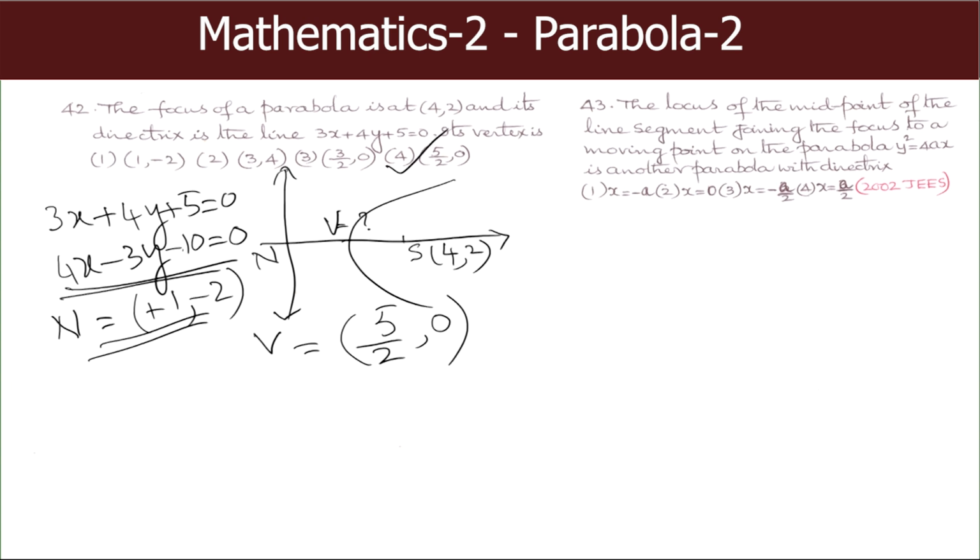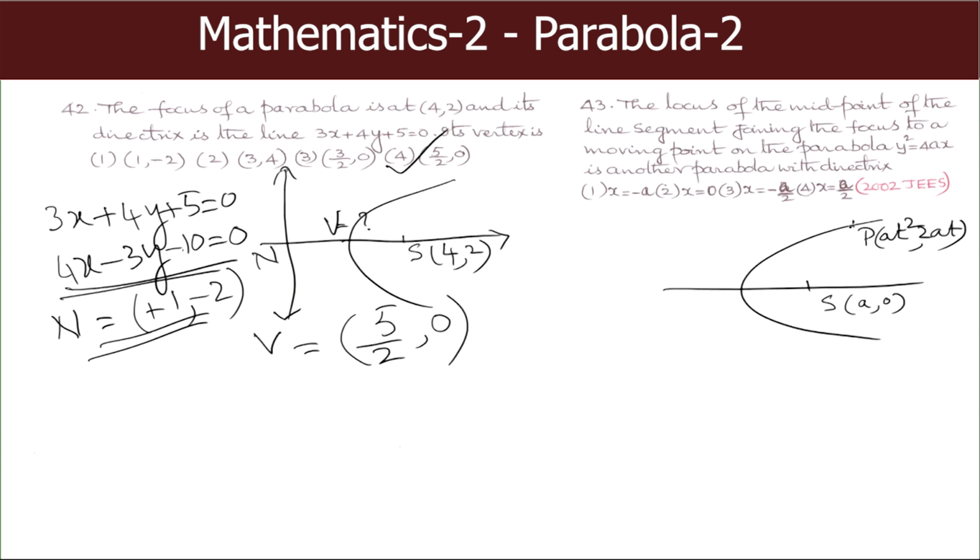The locus of the midpoint of the line segment joining the focus to a moving point on the parabola y square equal to 4x is another parabola with the directrix at... 2002 Joint Entrance Screening. Locus of the midpoint of the line segment joining the focus, the focus (a, 0), and a moving point P (at², 2at).